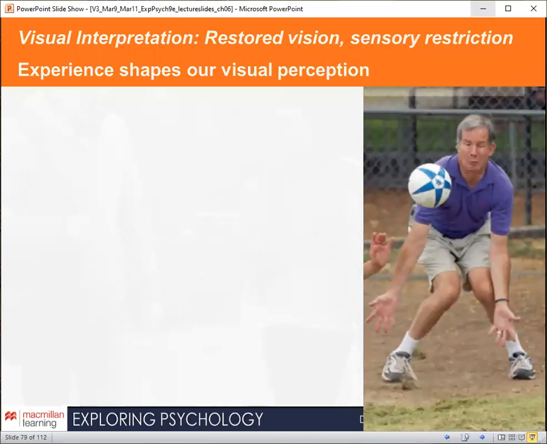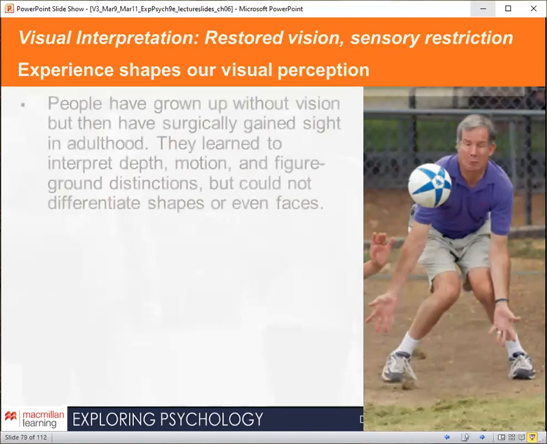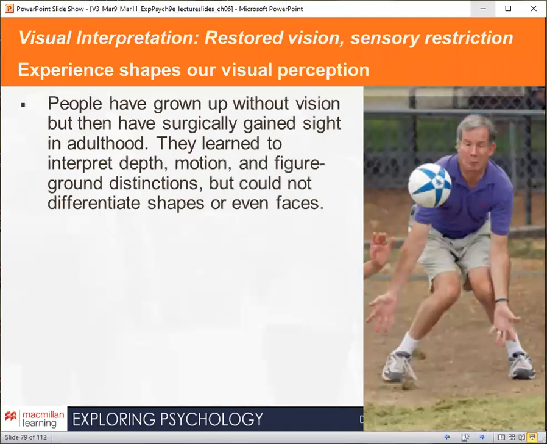Now, visual interpretation, restored vision, sensory restriction. Experience shapes our visual perception. People have grown up without vision, but then have surgically gained sight in adulthood. They learned to interpret depth, motion, figure-ground distinctions, but could not differentiate shapes or even faces.